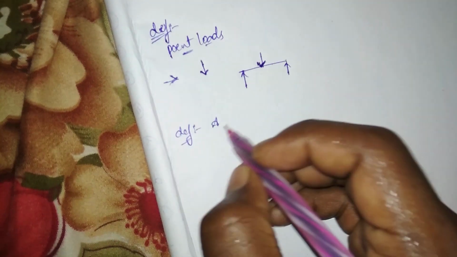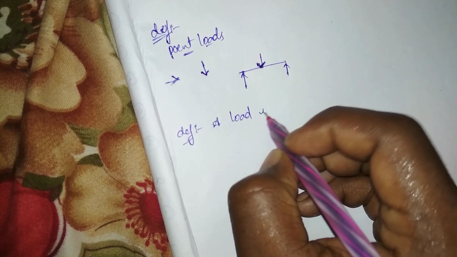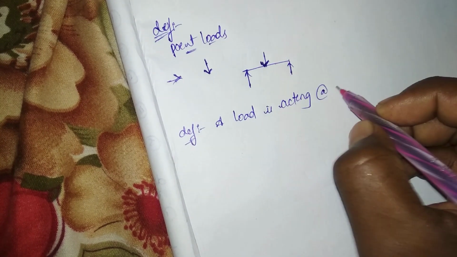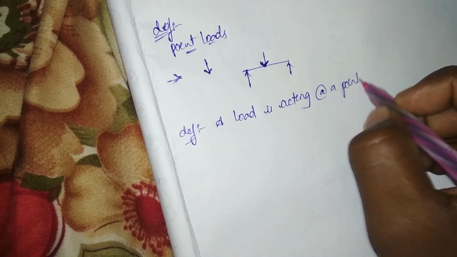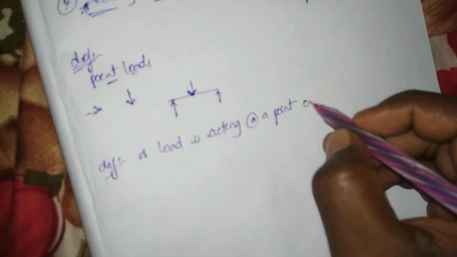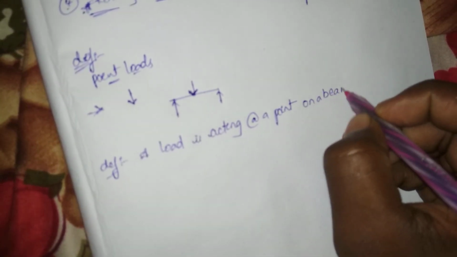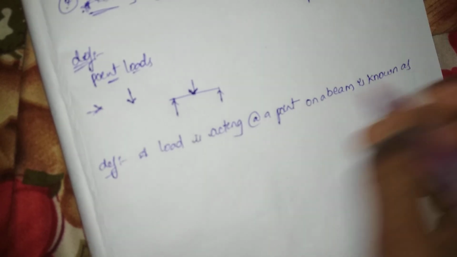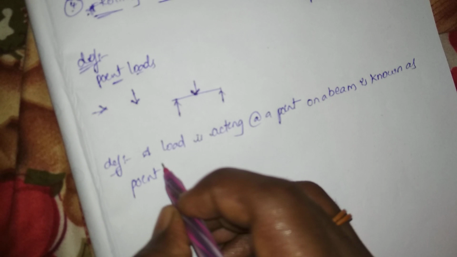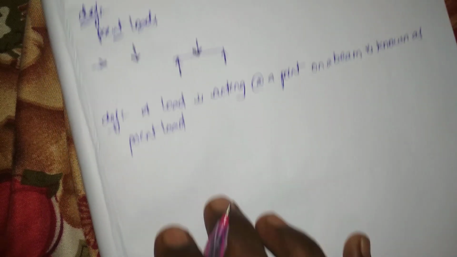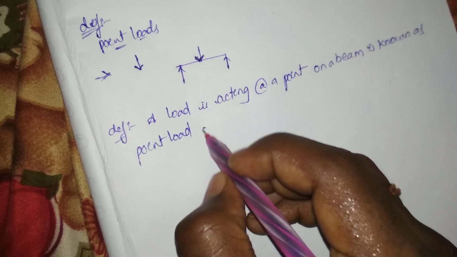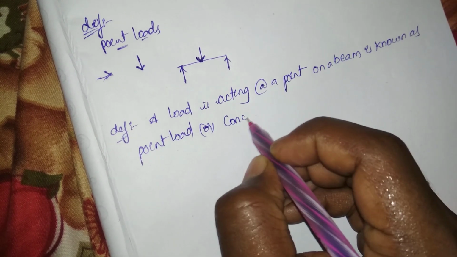Definition: a load acting at a point on a beam is known as a point load. A simple definition, don't be confused. Or concentrated load.